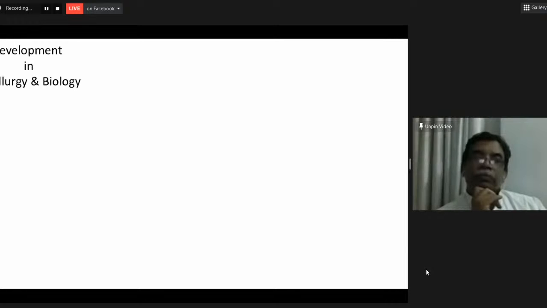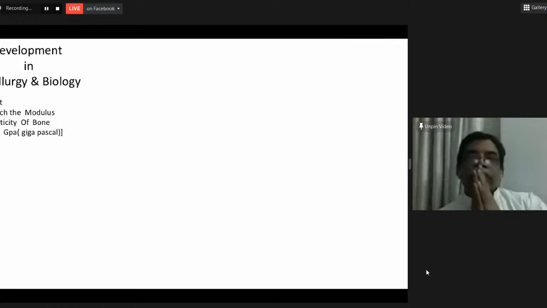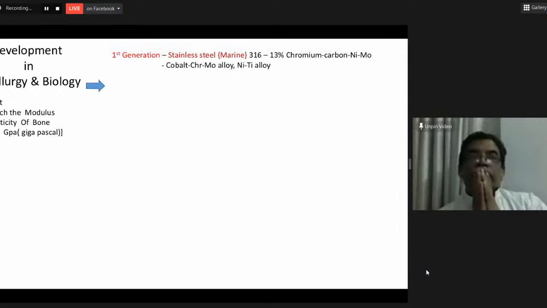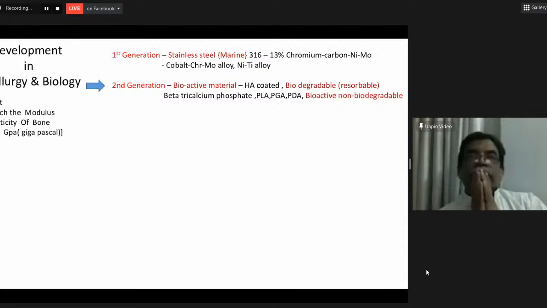Now, this development has occurred because of the development in metallurgy and also the understanding of biology. So we wanted a metal which is inert and matches the modulus of elasticity of the bone. The first generation had stainless steel material, basically marine stainless steel. In the second generation, people started having bioactive materials, and hydroxyapatite coated implants started coming to the market.